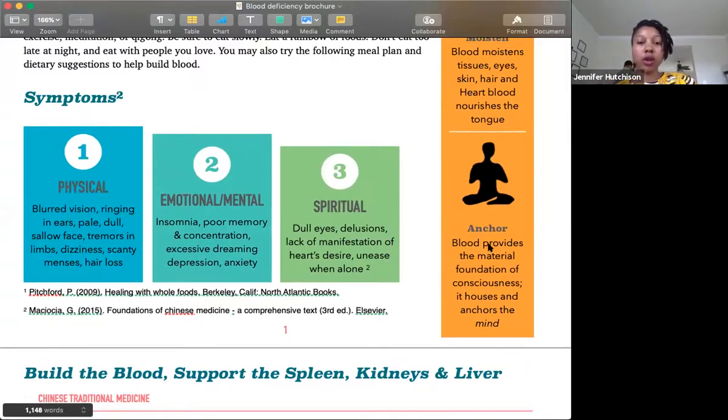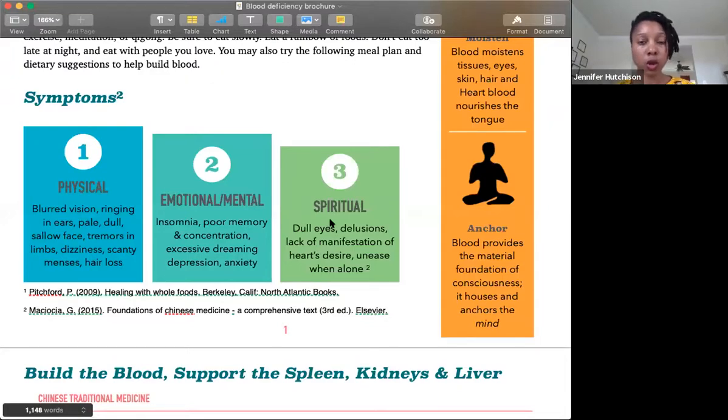So if you have blood deficiency, little blood, then your mind is not able to be anchored. That means you may feel uneasiness, you may feel jitteriness. That's where the anxiety comes in. That's where the depression comes in. You may feel dizzy, like the top of your head is floating. That kind of feeling is one of the symptoms of blood deficiency as well.